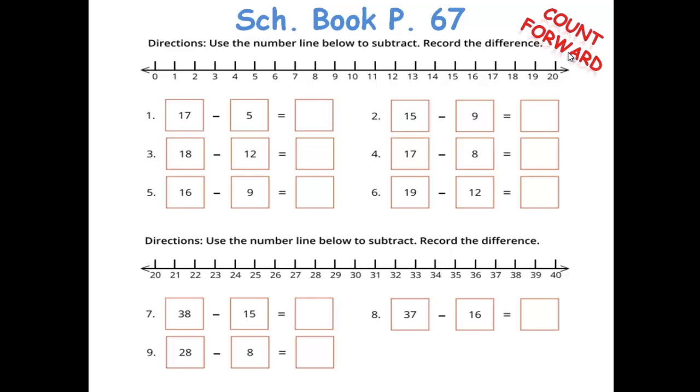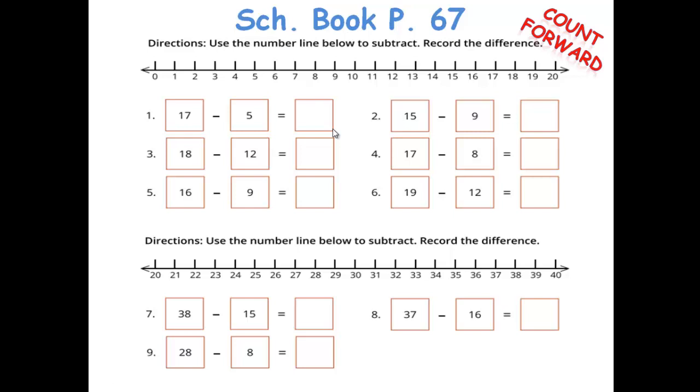Count forward. Please write beside your book here, count forward. So I'm going to use the counting forward strategy to solve those 6 exercises. Okay, concentrate now with me because you're going to need your finger and I'm going to wait for your answer.